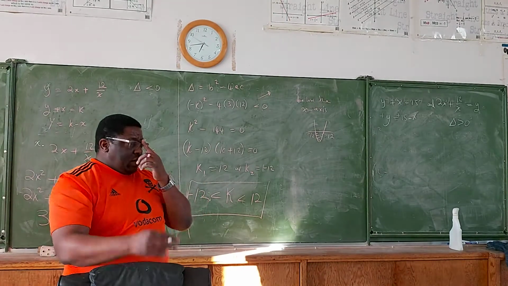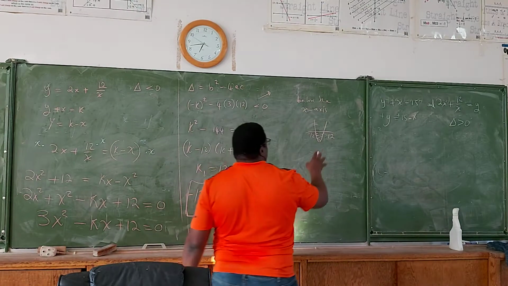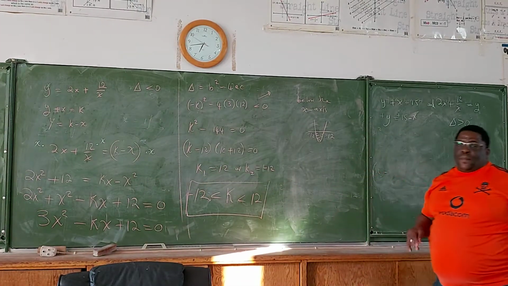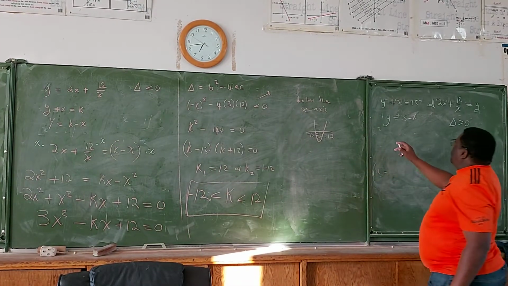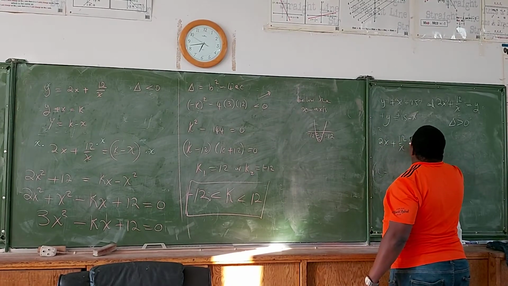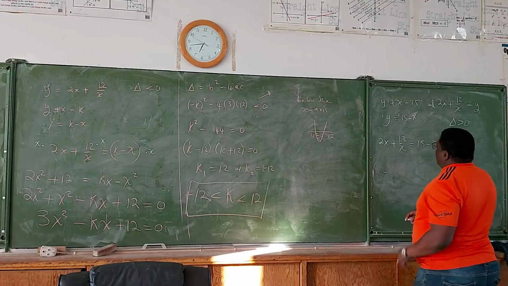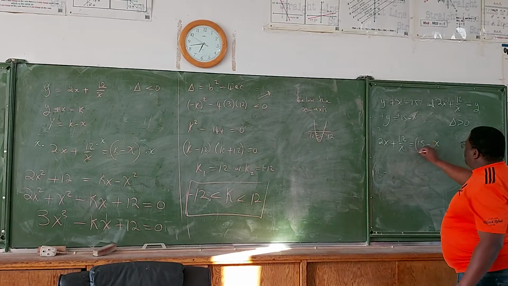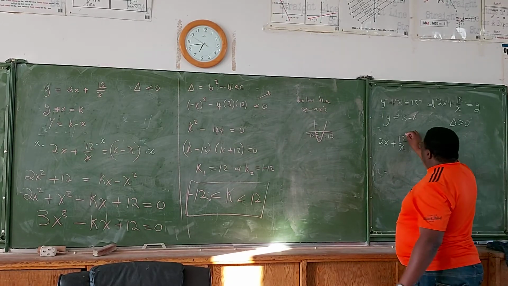Yes? So we're going to take these two and equate them. It's the same concept: 2x plus 12 upon x is equal to 15 minus x. The same story, we're going to multiply throughout by x.